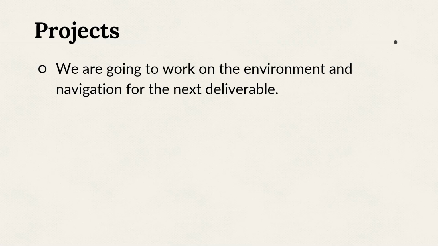In this phase, we are going to focus on the environment and how a user is going to navigate in that environment. If you want to have more, it's up to you. I'm not going to stop you from adding more to it, but what I expect to see for the first deliverable, which is coming shortly, is the environment and your navigation. I want to have the basics of those two implemented.